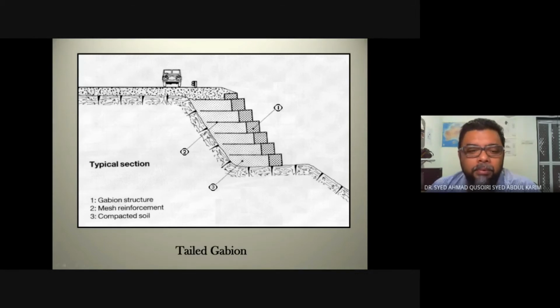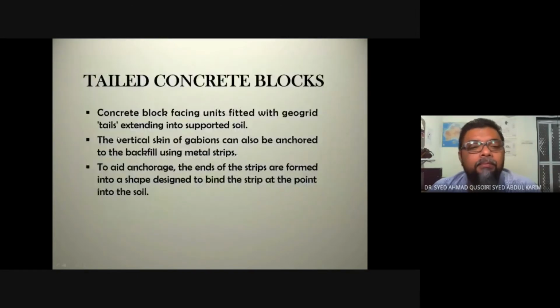So when they put the soil back, they fill up this area, level by level, of course. So this soil will hold the mesh reinforcement, which will hold the gabion in its position. So the gabion will not move. So that's a tail gabion.